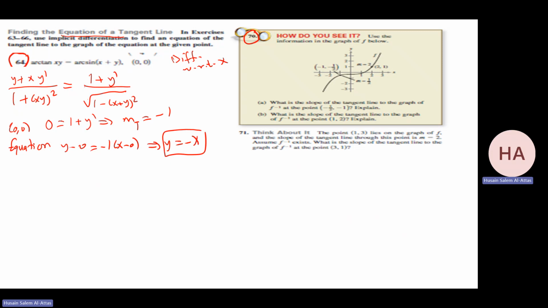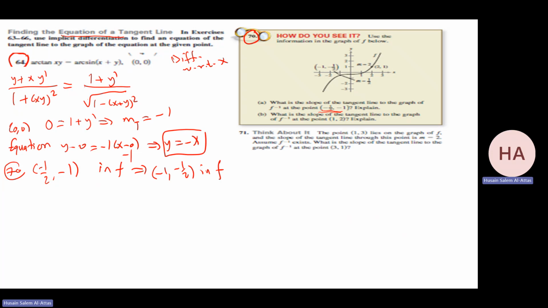Okay, 70. Now I'm trying to do number 70. It says, what is the slope of the tangent to the graph of f inverse at this point? This one has an f inverse, which is in f. If I have minus half, minus 1 in f inverse, that means I have the point minus 1 and minus half in f. And what is the slope here?